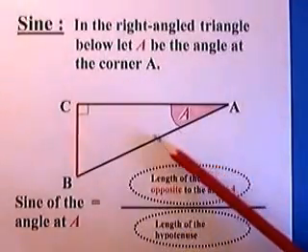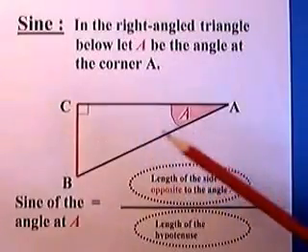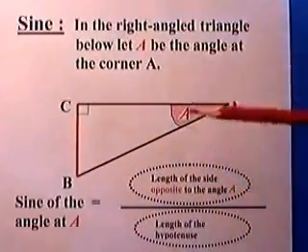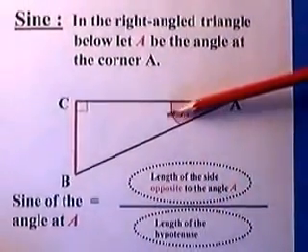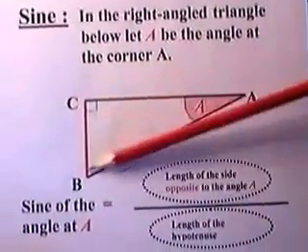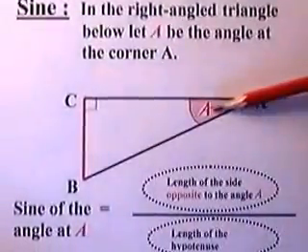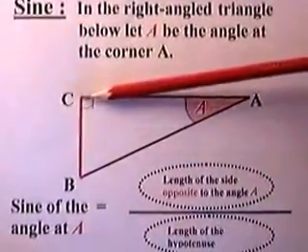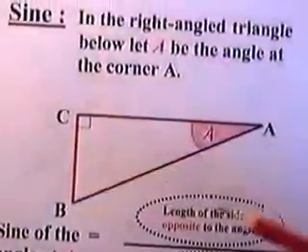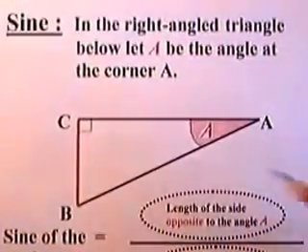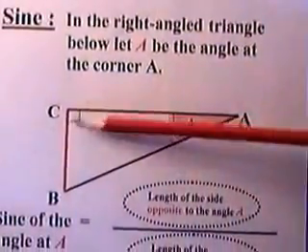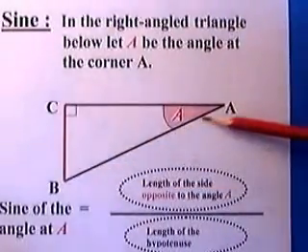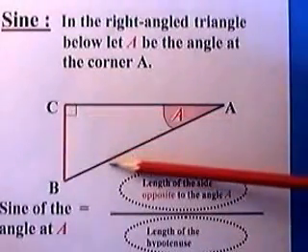So if we look at the triangle, we can see that the length of the side which is opposite to the angle A, well there's the side which is opposite to this angle here, so it's the length of this side divided by the length of the hypotenuse. Well, the hypotenuse is this one here, the one which is opposite the right angle.